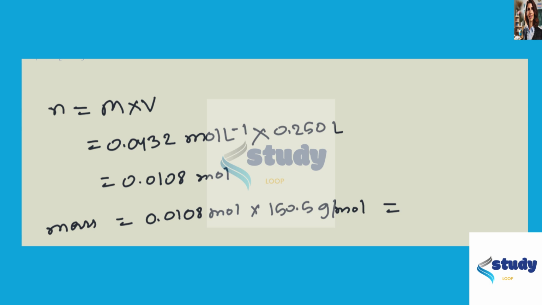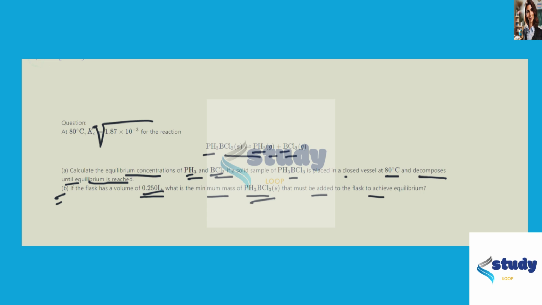So from here we can find the value of the mass, which will be 1.627 gram. So this is the minimum mass of the reactant to reach equilibrium for the given conditions.